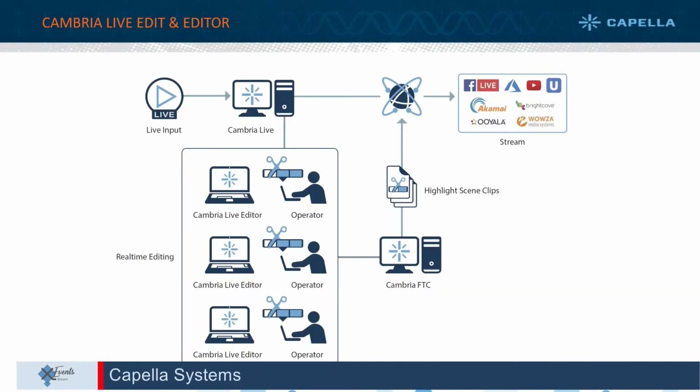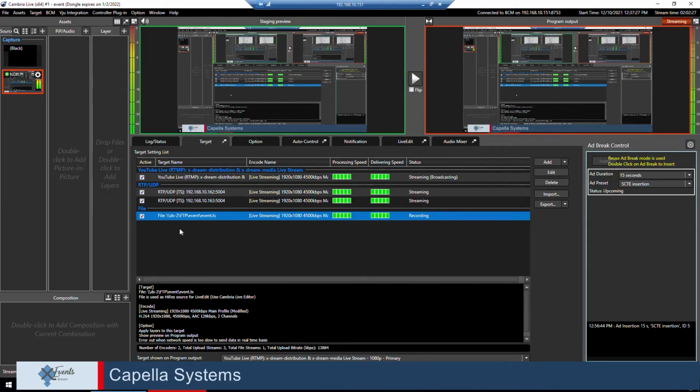There's also a little bit of an overview graphic that we have prepared. It shows that you can have live edit clients connected to the actual live streaming machine. How does that work? First thing, what we need to do is to set up a file as target.